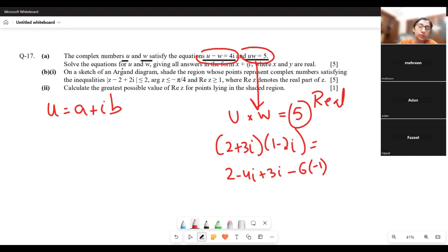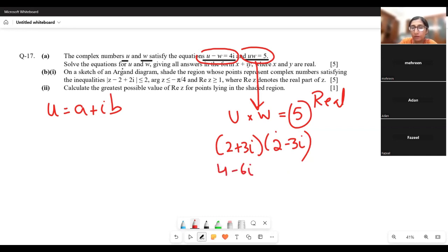when we multiply it? That is because that only happens when u and w are conjugate pairs. One is 2 plus 3 iota and the other one is 2 minus 3 iota. For example, now let's multiply. 2 times 2 is 4, then minus 6 iota, then plus 6 iota, and then we have minus 9 iota square, which is also minus 1. So now the imaginary parts are gone and you just have 9 plus 4.